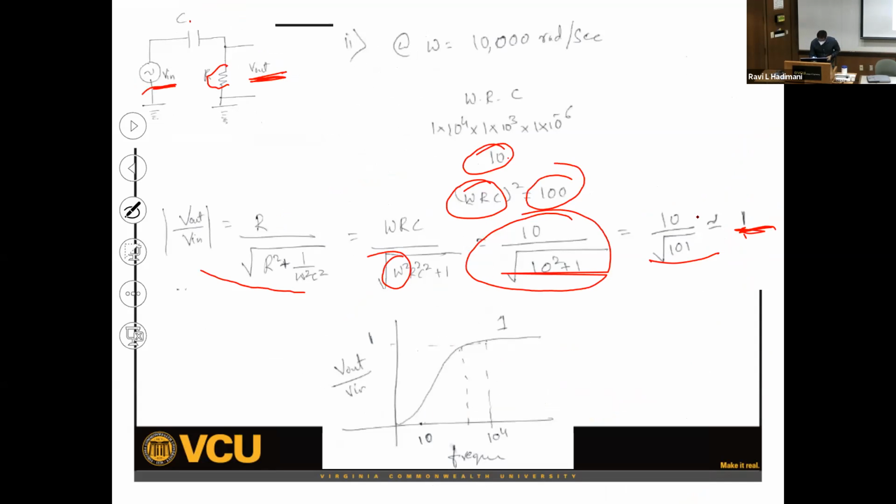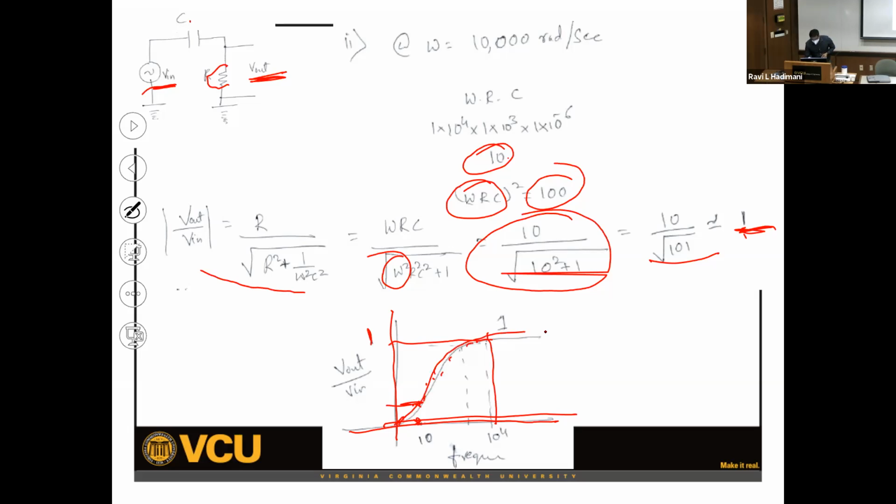so if you plot V out by V in versus frequency for this circuit where you are taking V out at the resistor, at low frequency, at 100 radians per second, you will have just 0.1, and at 10,000 radians per second, you will have 1. Okay, and you will have in-between values.